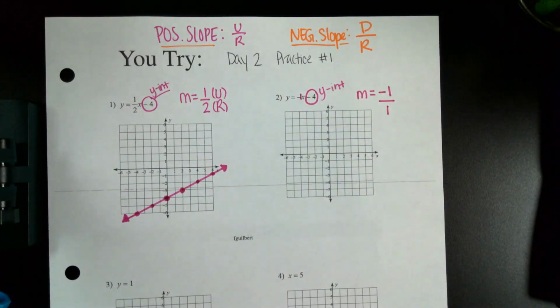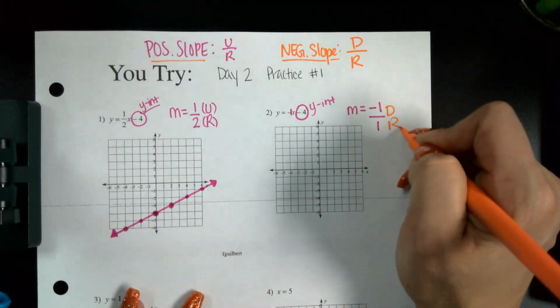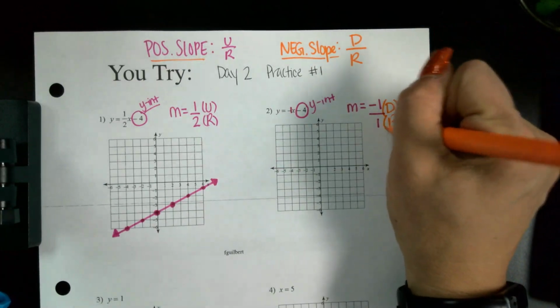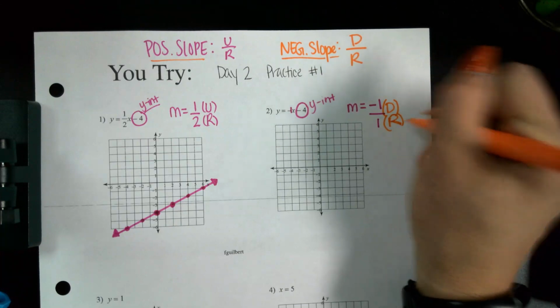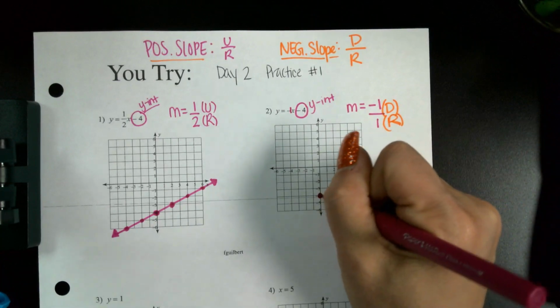And all negative slopes, where do we go first? Down. Down, right. It's either upright or downright, guys. That's all you have to remember. Positive is upright, negative's downright. Okay, so go ahead and plot the -4 right here.